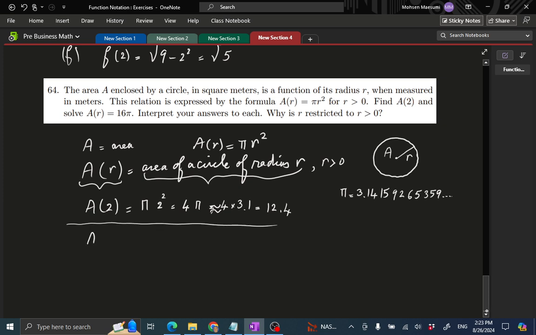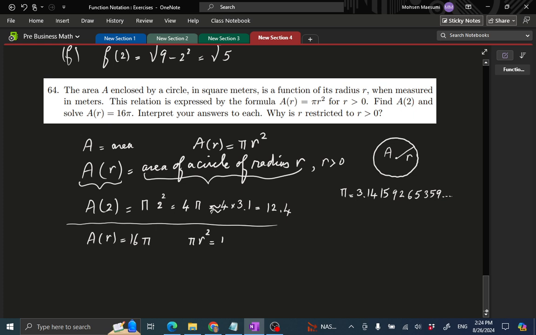So this is one part. Next part says if I have this equation, what does it mean and what's the solution of it? So that means your area of a circle was 16 pi. Solving it means find the r of the circle. That's the radius of a circle. Well, in any case, the area is pi r squared.